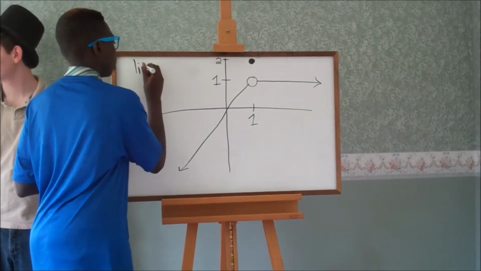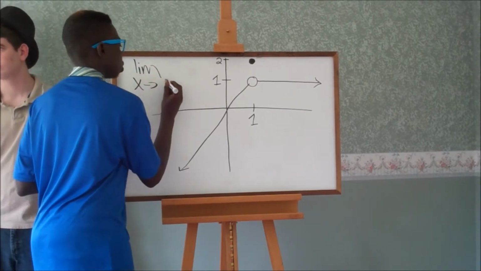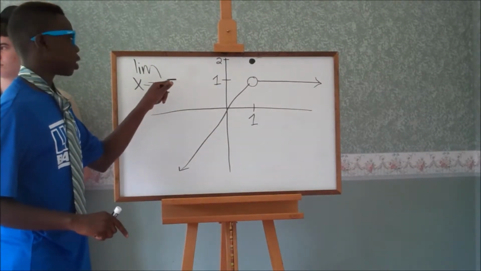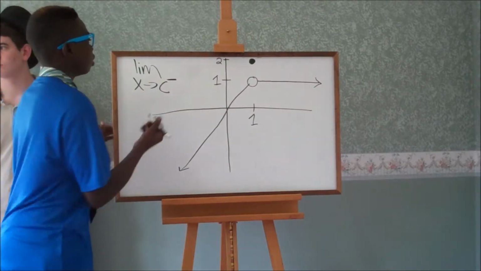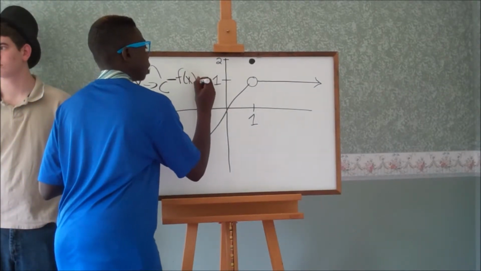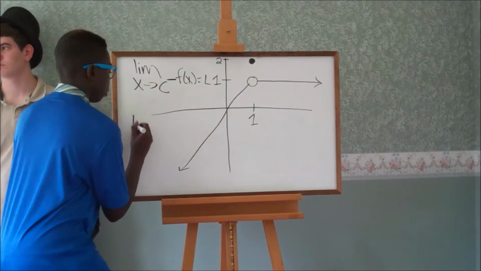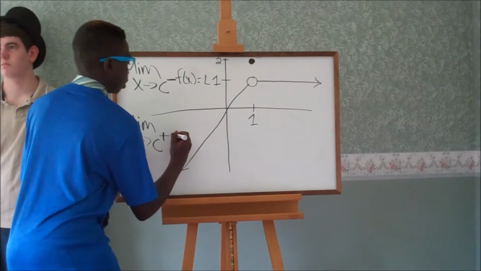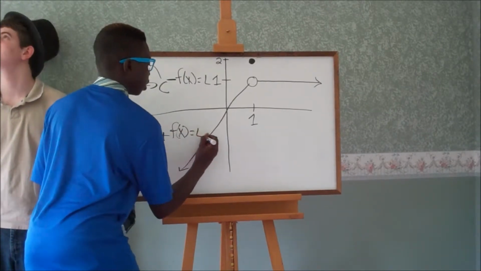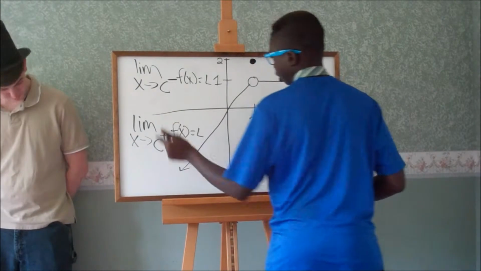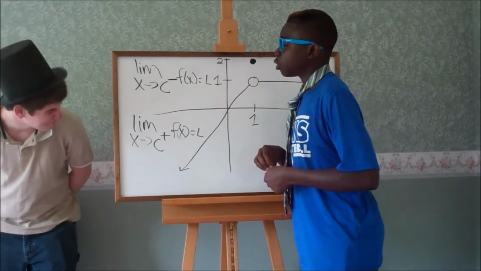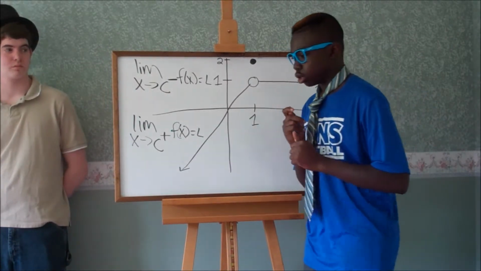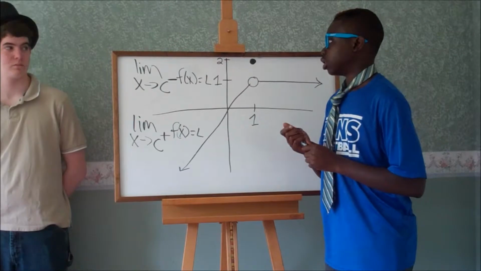You can have the limit as x approaches a certain value from the left, and to indicate that it's from the left, you put a minus sign right above the c of f of x equals L. And you can do it from the right, so it'll be the limit as x approaches c from the right of f of x equals L. These are the two ways to write one-sided limits, and one-sided limits come into effect where there are jump or infinite discontinuities, because in those scenarios, they're usually always one-sided limits, so either the left or the right.